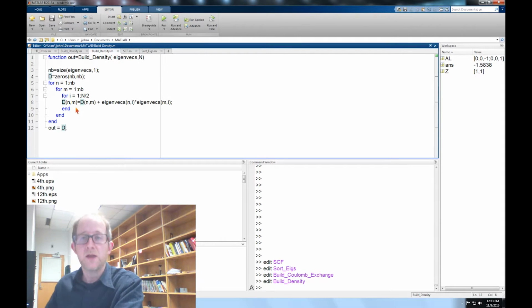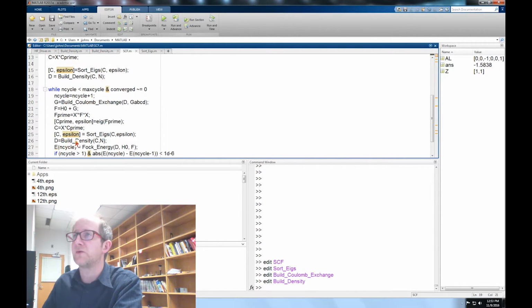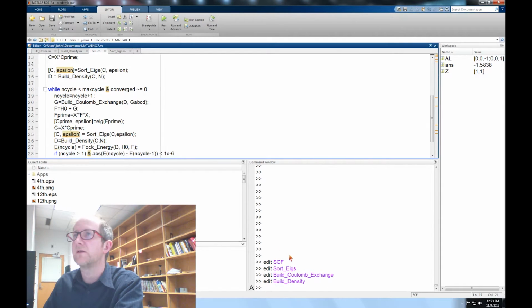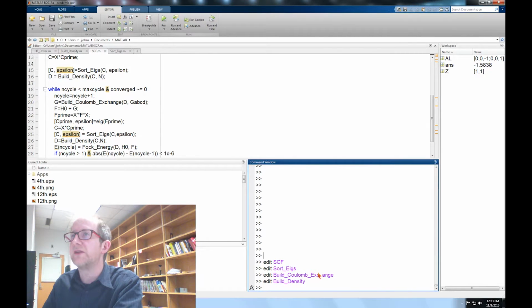So we're going to take the n over 2 number of eigenvectors, and D sub nm equals D sub nm plus eigenvecs n comma I times eigenvecs m comma I. So this is getting your density matrix elements. Loop over all of that, and then output the density. I just want to make sure we have eigenvecs n, and we wrote this as eigenvecs n. Okay, great. So build density looks good.